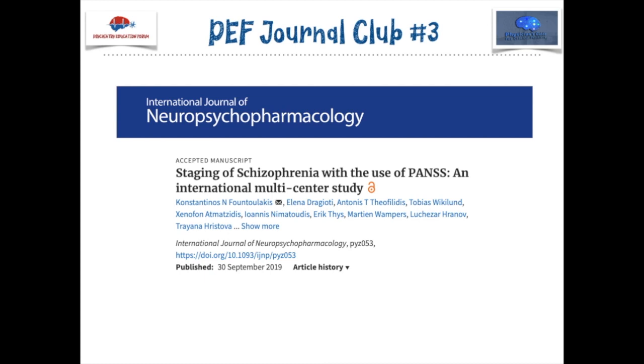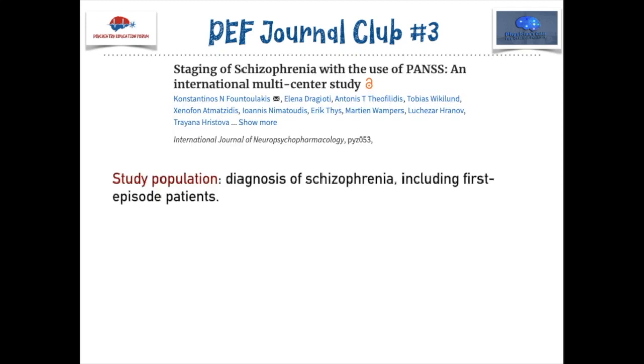Before we go into that, I will very briefly discuss the methodology. I will not go into the statistical aspect, just a brief overview. This study recruited patients with a DSM-4 or DSM-5 diagnosis of schizophrenia, and they also included patients with first episode.